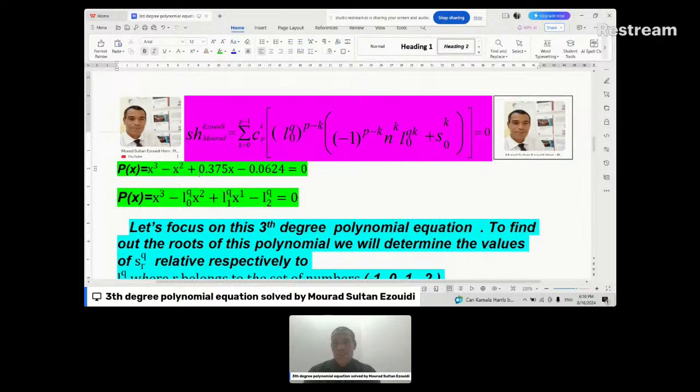L1 of ODQ here will be equal to 0.375, minus L2 of ODQ. L2 is 0.0624. So here, learners, we are going to solve this third degree polynomial equation. I'll give you time, learners, to start. I'll just write something here.